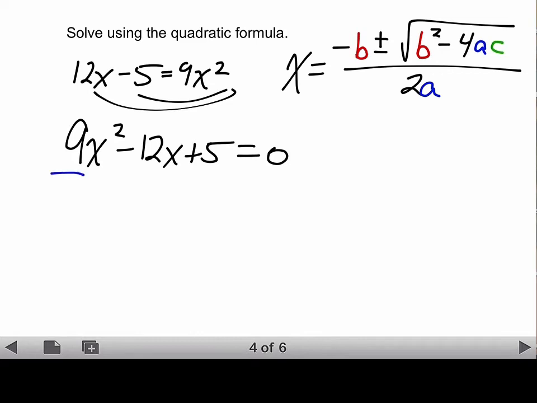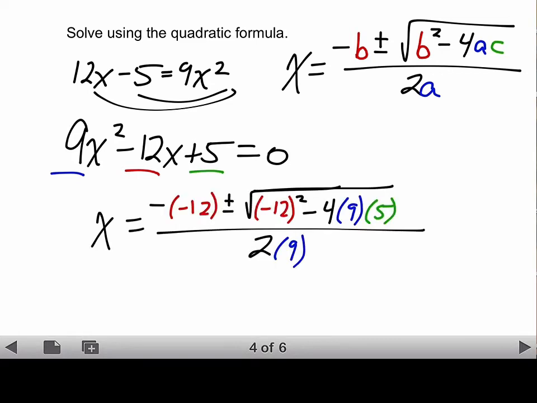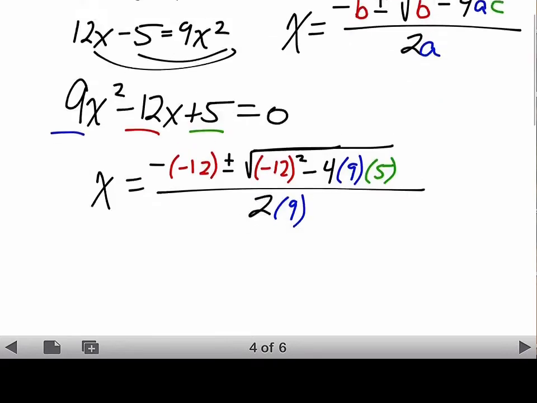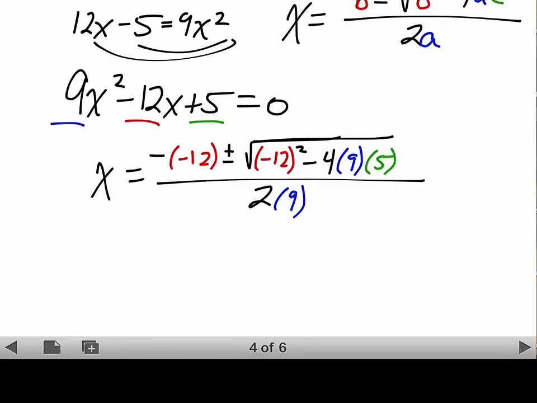We noticed that a is 9, b is negative 12, and c is 5. And when I put those into the quadratic formula, I'm going to end up with x equals the negative of negative 12 plus or minus the square root of negative 12 squared minus 4 times 9 times 5 all over 2 times 9.